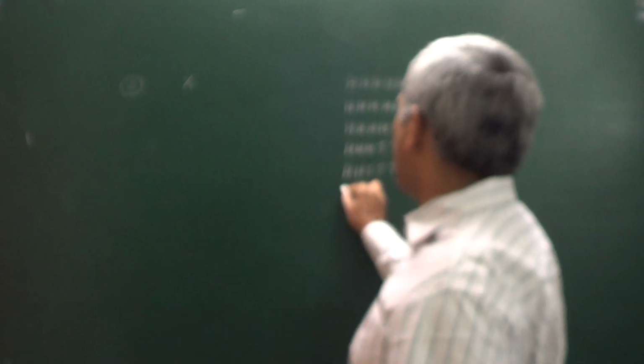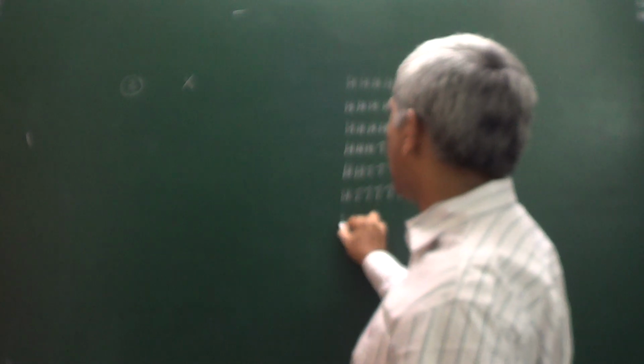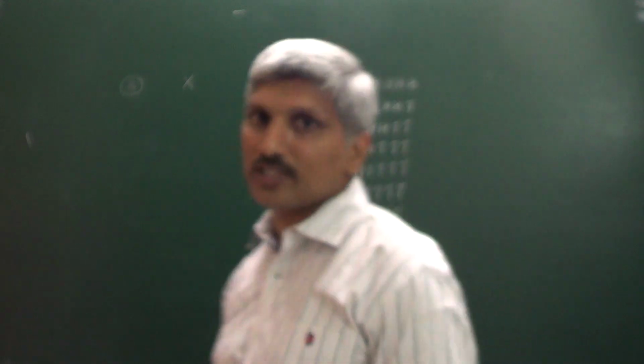You may get 6 heads, 5 heads, 4 heads, 3 heads, 2 heads, only 1 head, or you may not get a head. These are the possibilities when a coin is tossed 6 times.